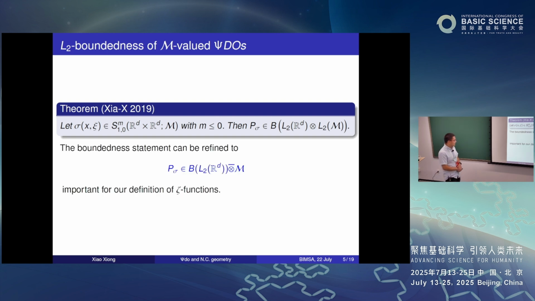But here we have a very easy observation: this von Neumann algebra is large, but we can refine it in this way.